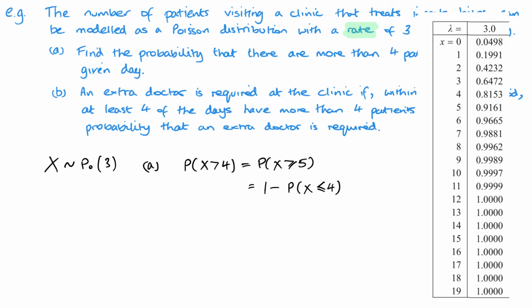Now here you can see that 4 is 0.8153. So we've got 1 minus 0.8153. And that gives me 0.1847.